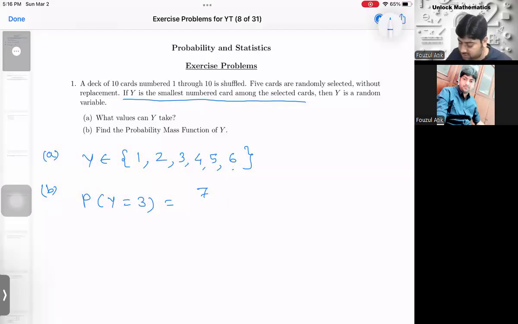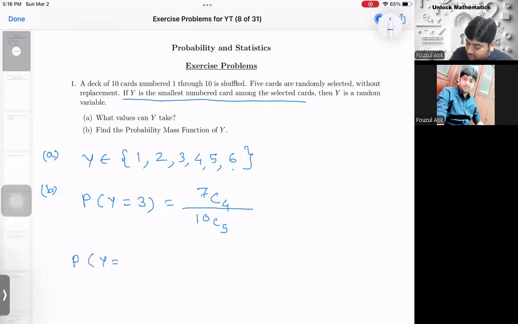How many ways can you do this? 7C4 ways, divided by the total number of possible cases. The total number of cases is selecting 5 cards from a deck of 10 cards, which is 10C5. So P of Y equal to 3 is 7C4 by 10C5. Clear?